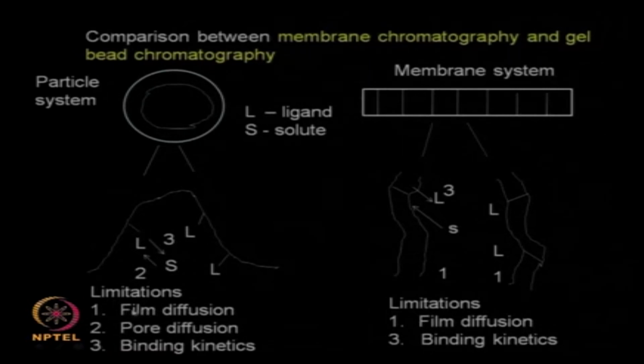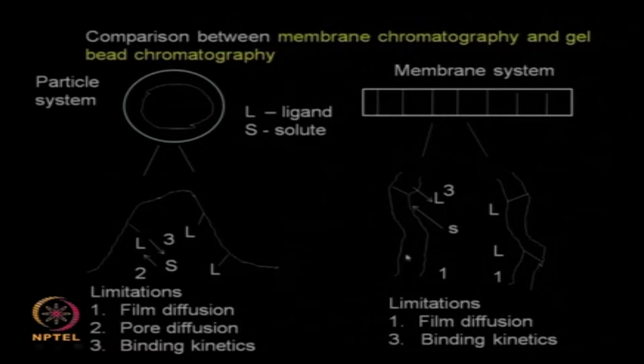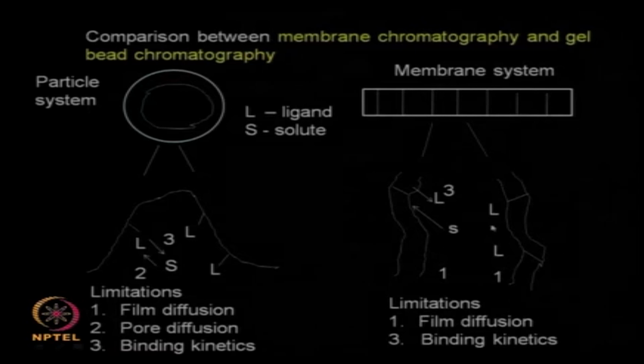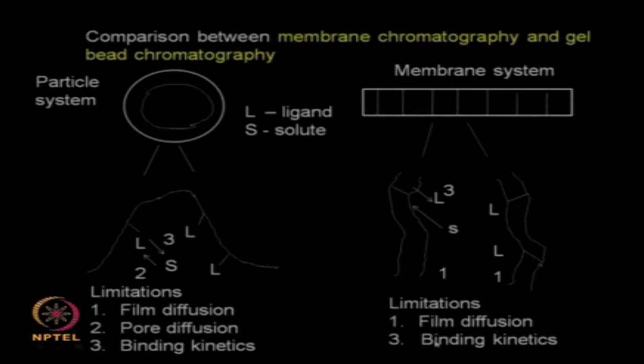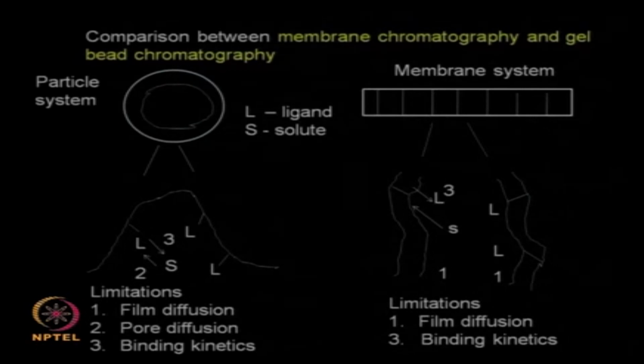So you are going to have film diffusion, you are going to have pore diffusion, and then you have the binding kinetics. Whereas in a membrane system, you will have the membrane and then you have the ligands attached to the membrane. Okay. So here we do not have pore diffusion coming into the picture, so you will have film diffusion as well as the binding kinetics. So you are getting rid of the pore diffusion, so that is one of the main advantages of this. So diffusion times will be much shorter.